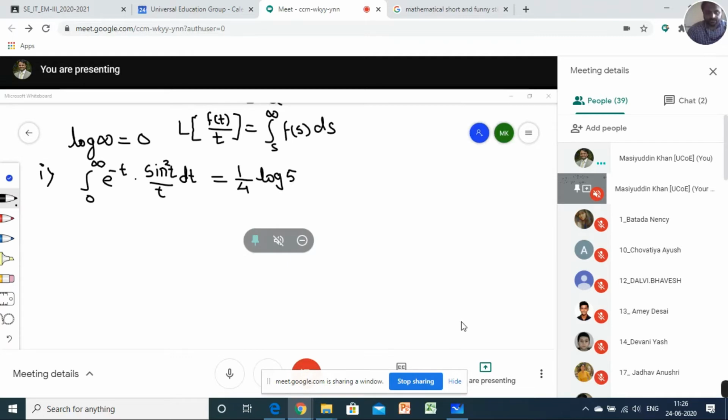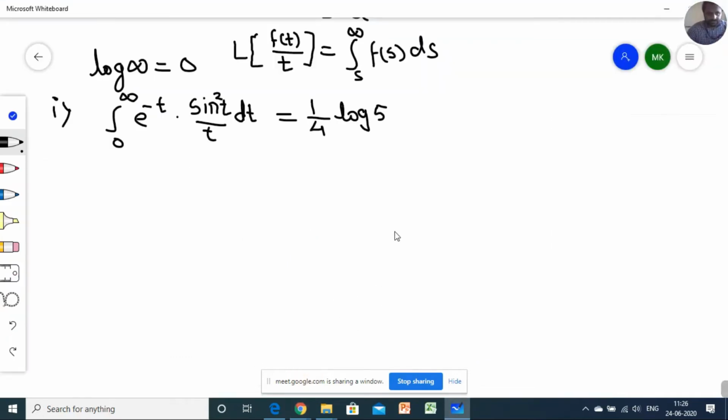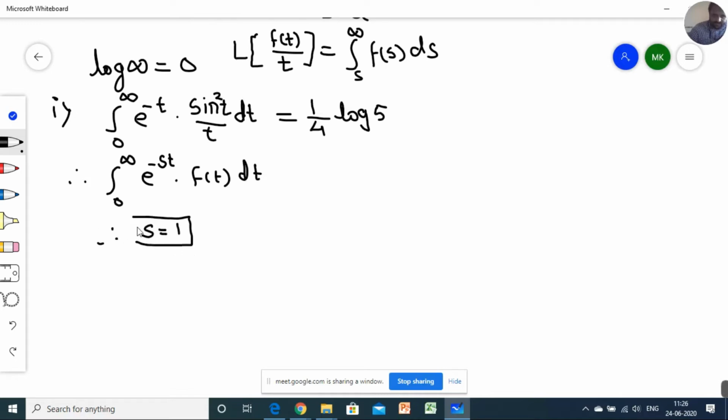Now see, I can ask anyone at any step, so please be active in class. Now integral 0 to infinity e raised to minus t, I am just comparing this part with the definition of Laplace transform, 0 to infinity e raised to minus st into f of t into dt, so that I will get s equal to 1, while comparing e raised to minus st with e raised to minus t.